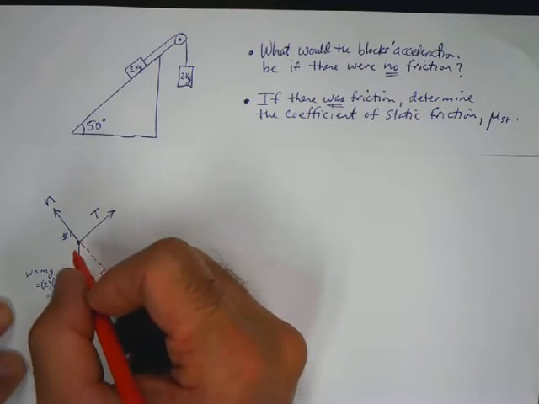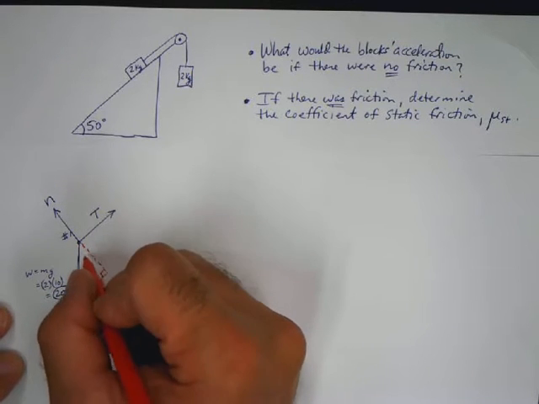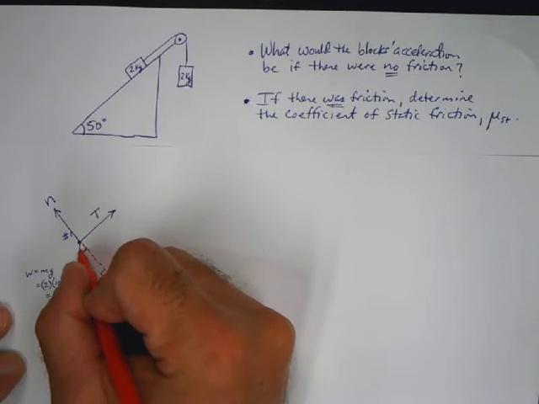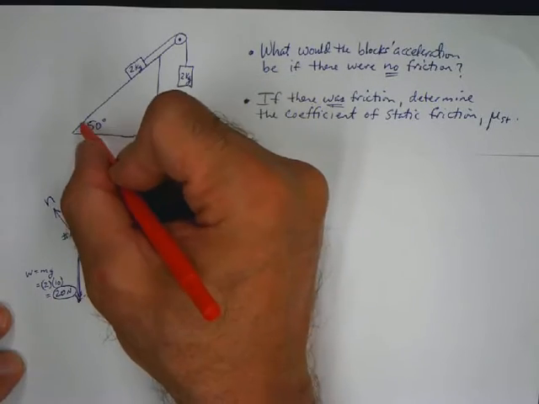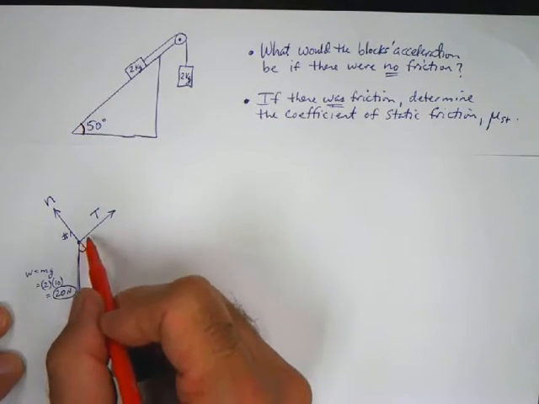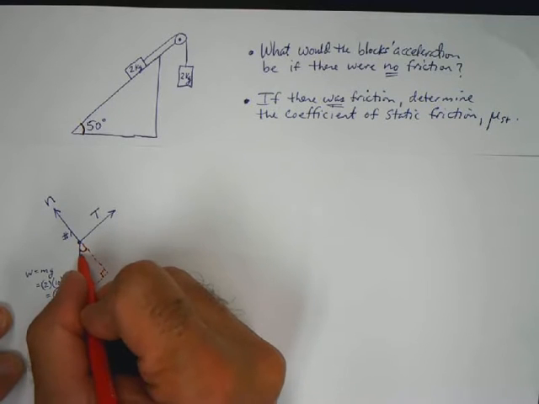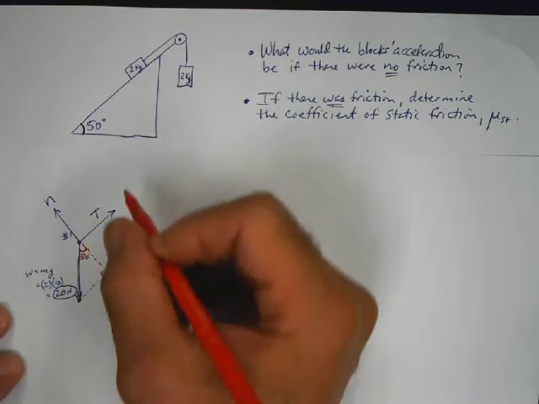Okay, this right here, what is that? Well, we need to find out what that angle is. We know this is a 50-degree angle. Can we say that this is also 50 degrees? Yes.